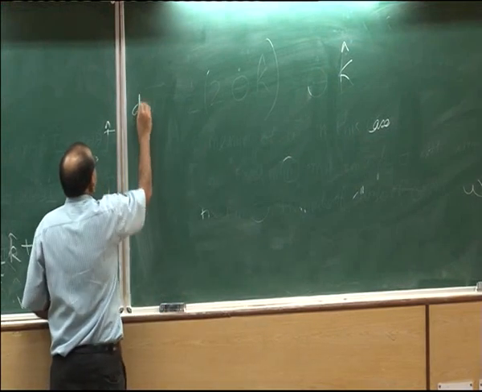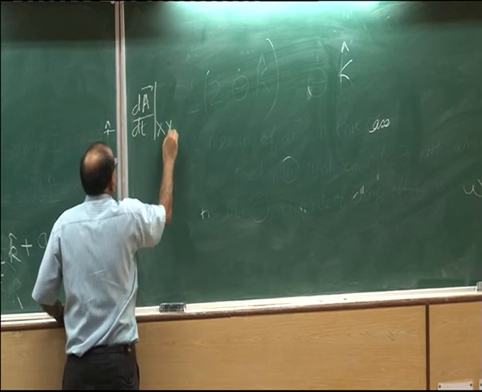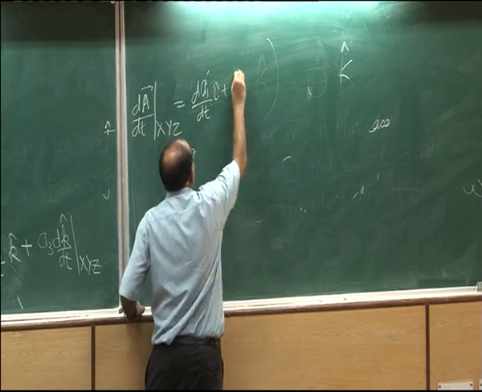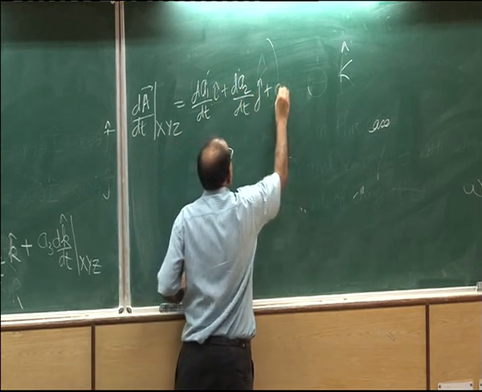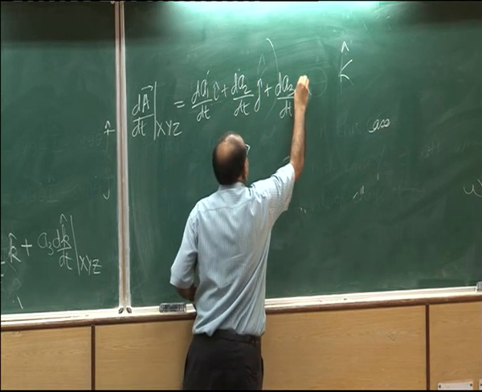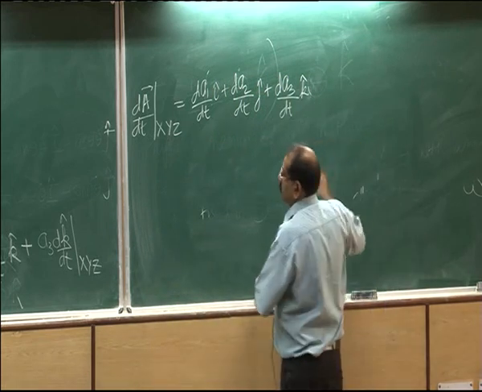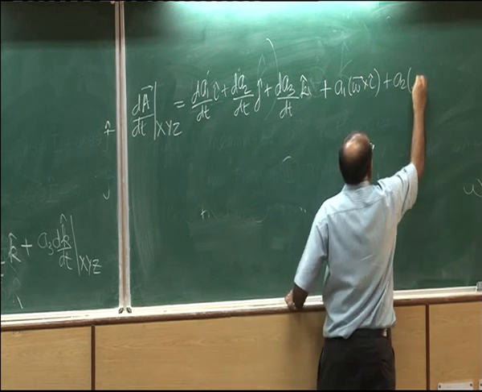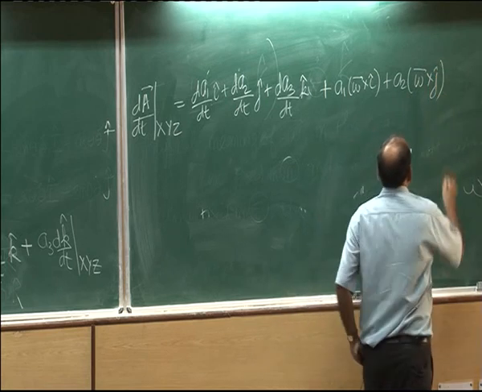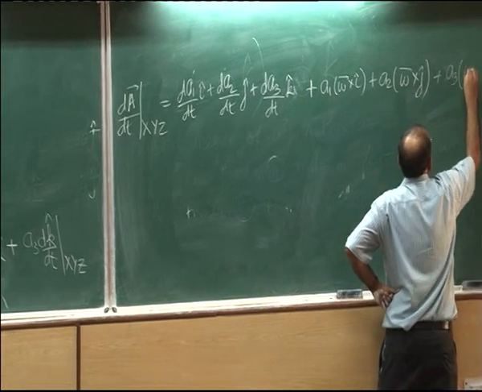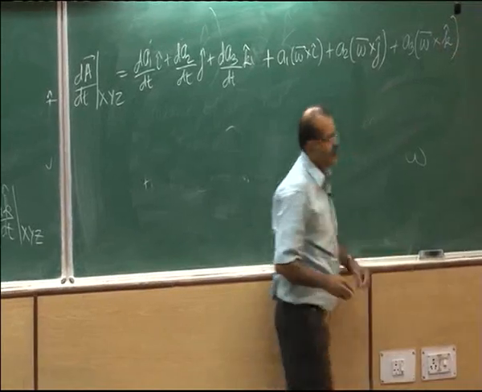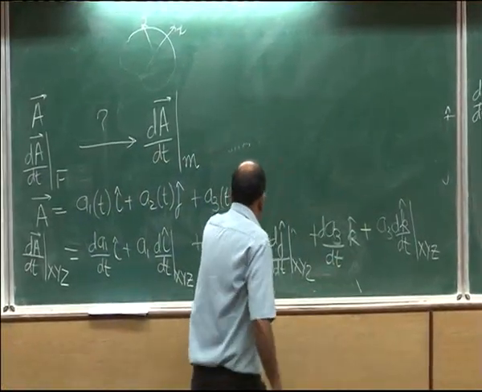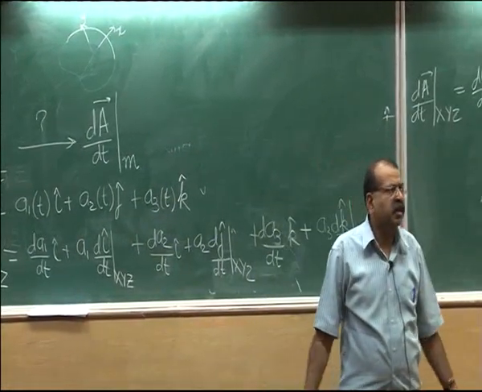So this will become equal to dA1 by dt I plus... Okay, all I have done is all this di by dt, dj by dt and dk by dt I have put omega cross I, omega cross j, omega cross k.